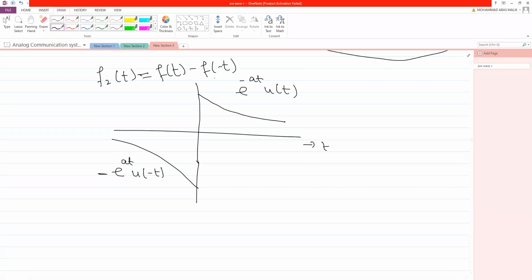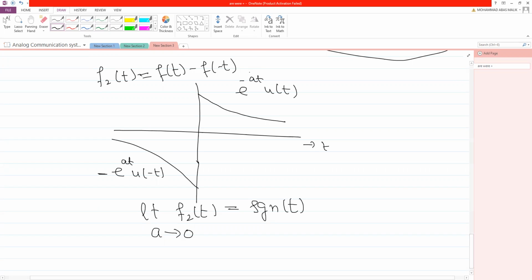Now, if I tell you that the limit of f2 of t as a tends towards 0 is nothing but signum of t, what will you say?